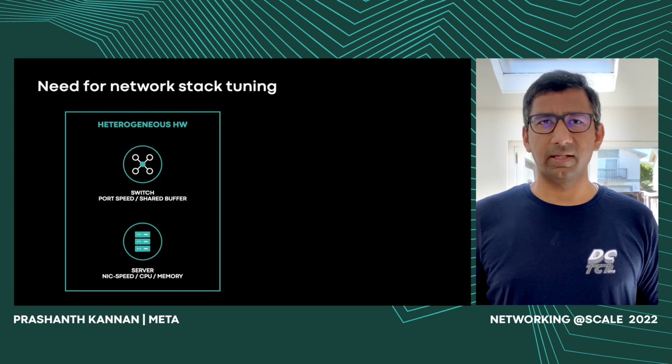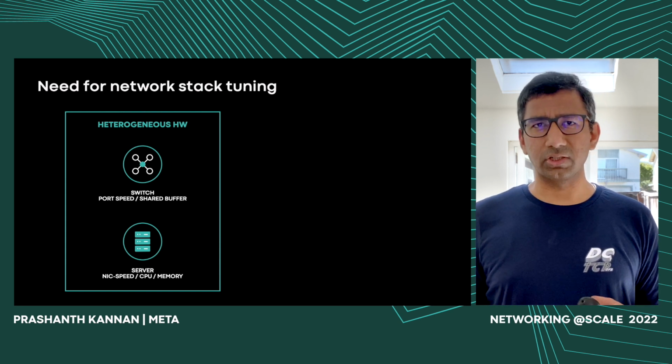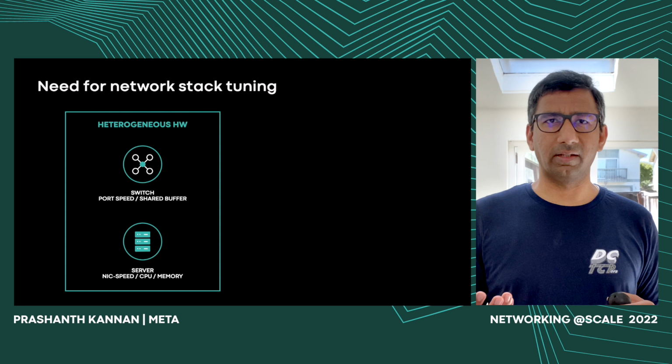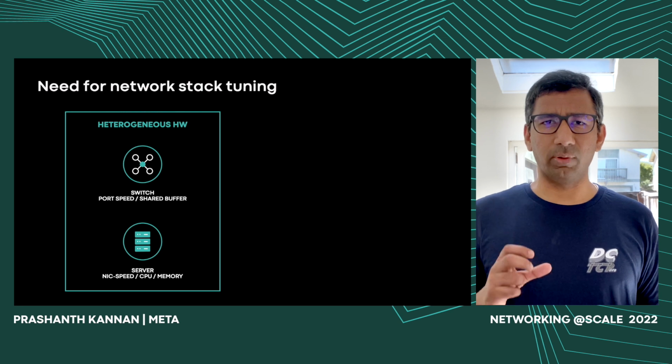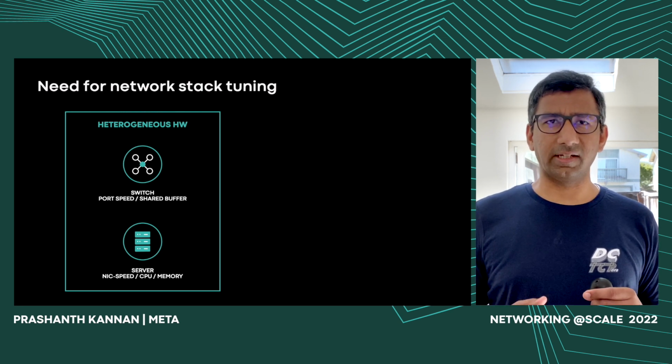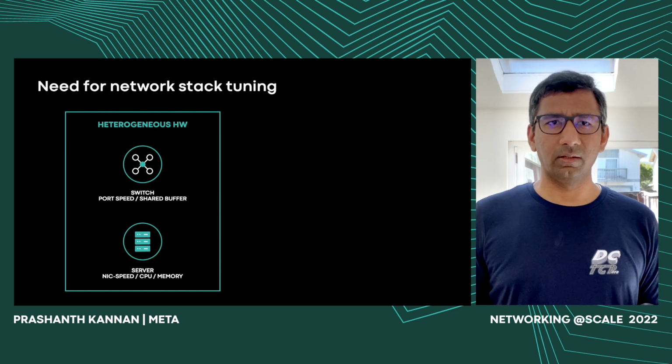This implies rack switches of different buffer configurations and servers of varying hardware like NIC speeds, CPU, or memory. Expecting each service to understand these characteristics and come up with their own network optimization is not scalable.